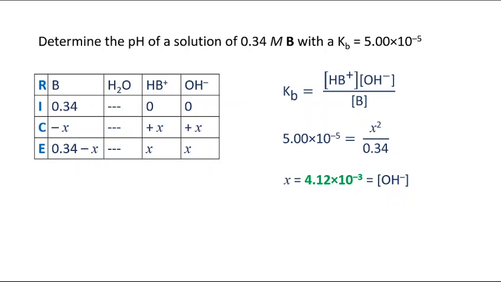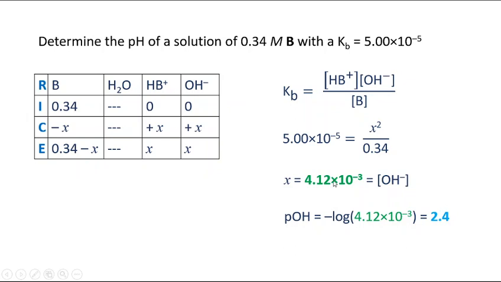So our pOH is going to be equal to the negative log of our hydroxide ions. Here our pOH is going to be the negative log of 4.12 times 10 to the negative 3. And so our pOH comes out to 2.4.